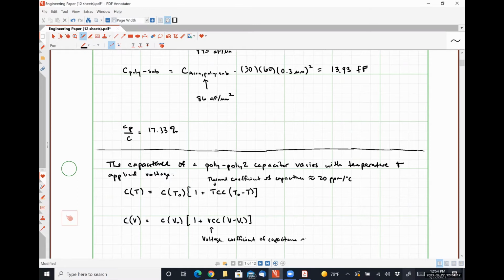And we can observe or measure for our C5 process that this value VCC is approximately 10 parts per million.